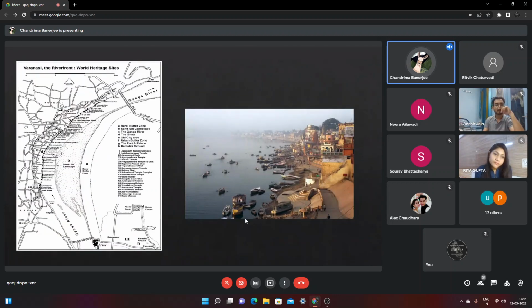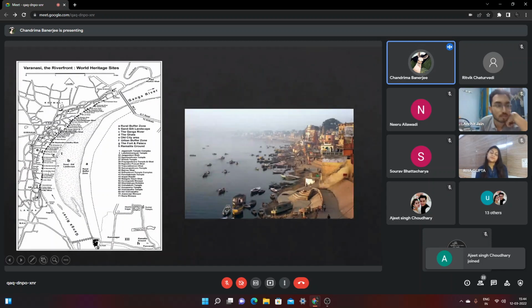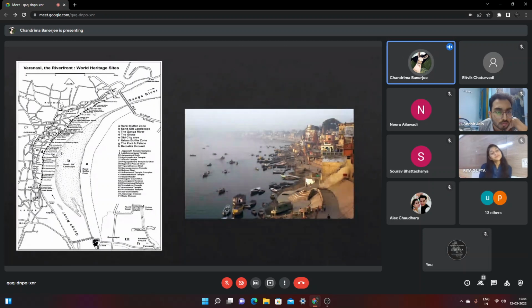Talking about the ghats of Varanasi, as you can see, they form a crescent-shaped establishment, which is due to the settlement of the fluvial process and the soil. There are approximately 84 ghats which stretch about 6.8 kilometers in an arch shape.